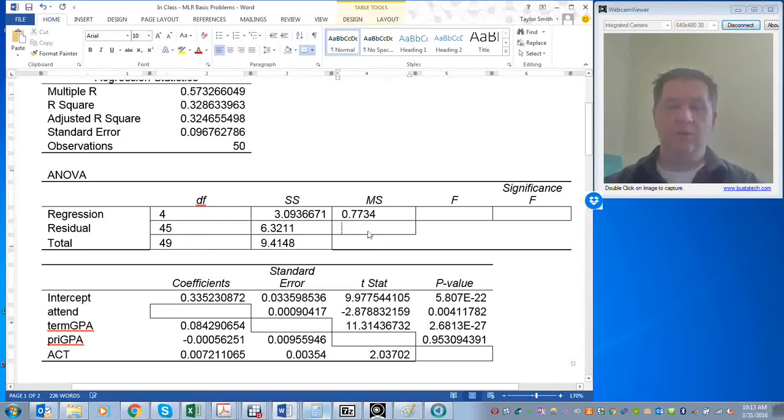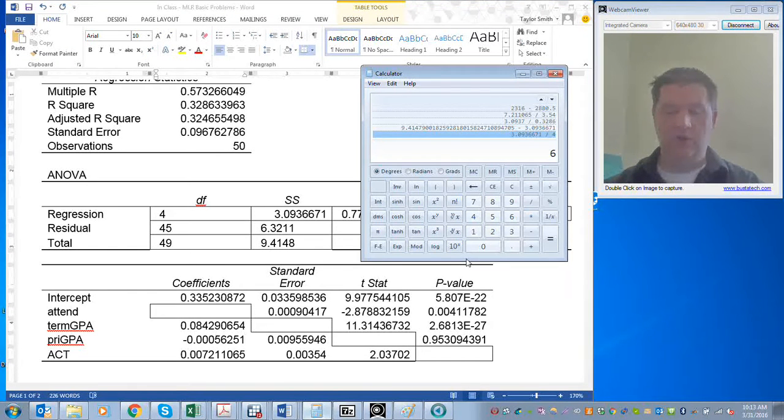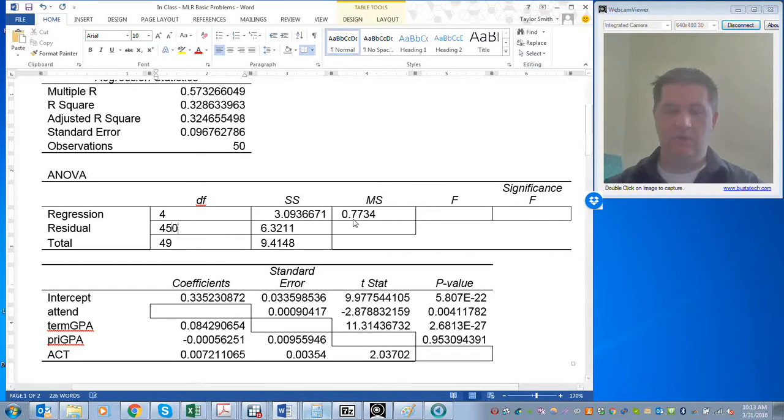Okay. Now I want to do residual, our MSE. That's the mean squared error. That is our SSE divided by 45, n minus k minus 1. So we come here and do 6.3211 divided by 45, and we get 0.1405.